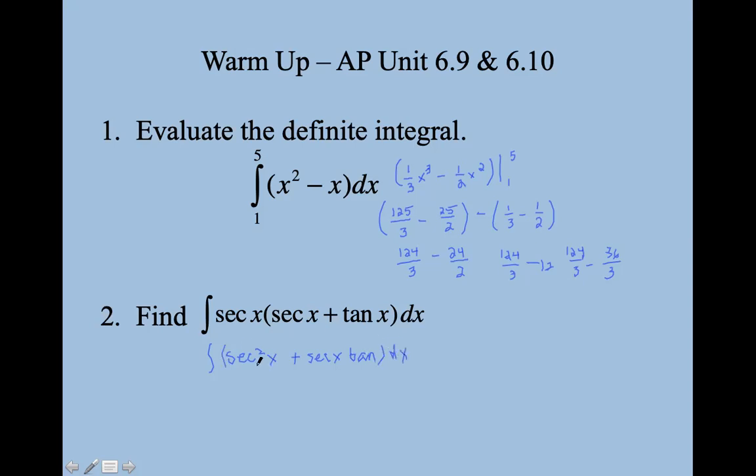The antiderivative of secant squared is tangent x. The antiderivative of sec x tan x is secant x. And remember, when there aren't any limits of integration, when it's an indefinite integral, I have to remember to put plus C in here. All right, let's go ahead and continue with the presentation.